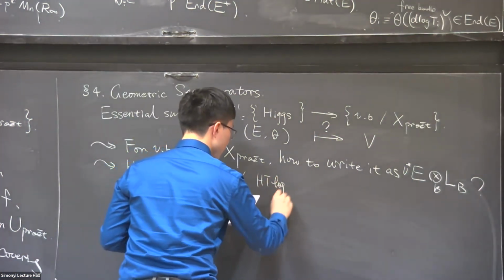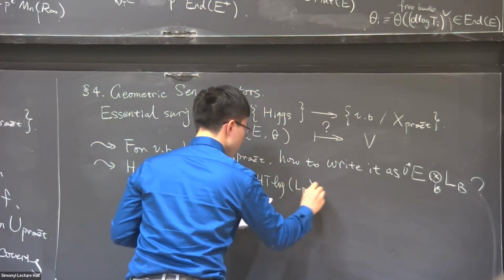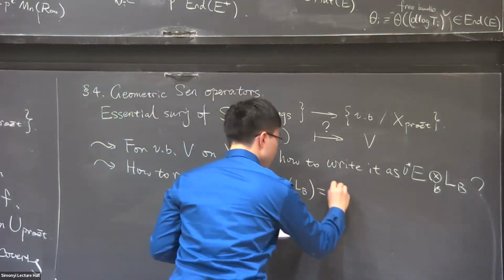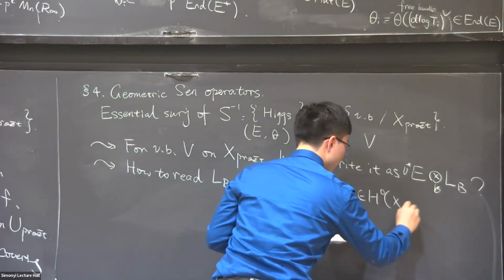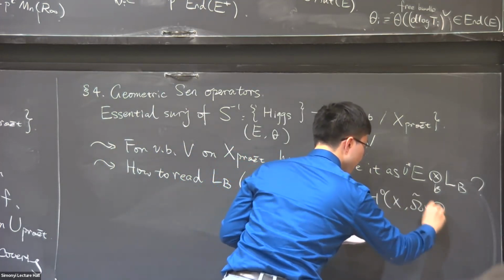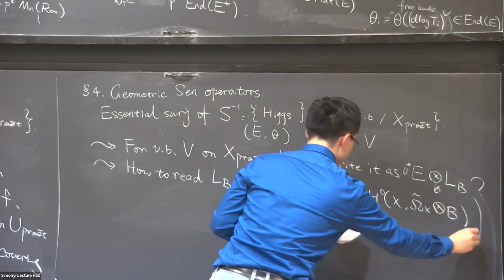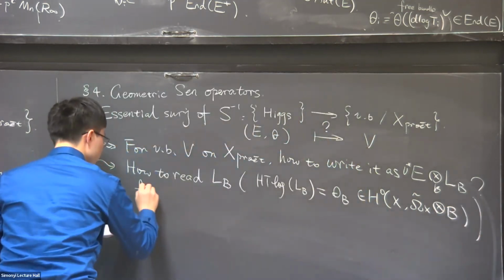Recall that this Hodge-Tate log image is the Higgs field. So how to read the Higgs field from V itself?